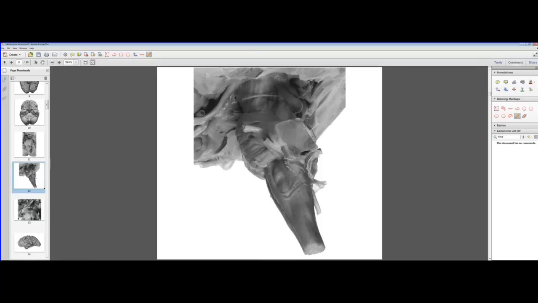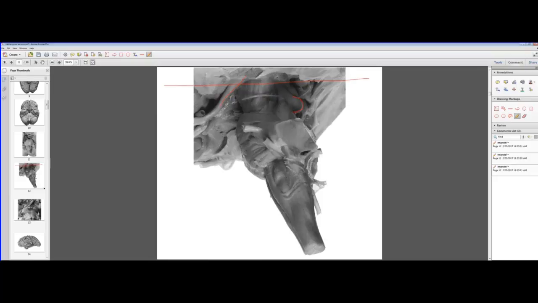We showed you a slice through there, and you would see the cerebral peduncles and the optic tract. And we had a slice through here, where we could see the fibers of the trochlear, at the level of the inferior colliculus.